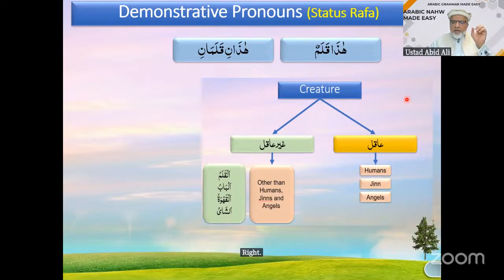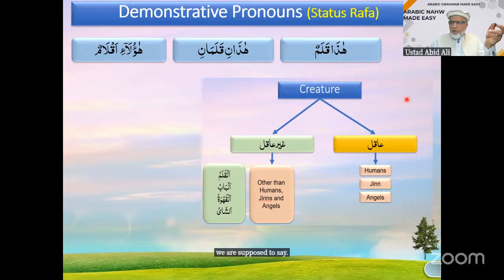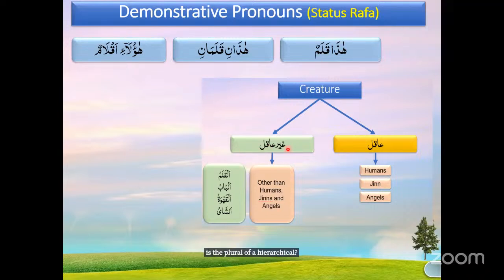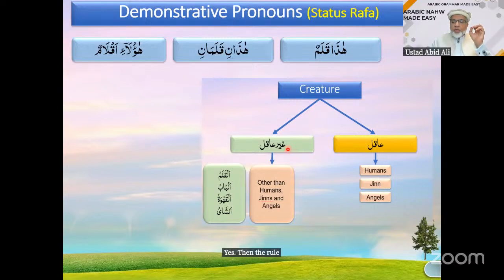But if we are supposed to do the plural, we would say haulai aklamun. Remember, we said haulai tulabun in the previous example, that they are all male students. But over here, we said haulai aklamun. Now, is the word aklam the plural of a ghair aqil? Yes. Then the rule is we are supposed to use a feminine singular ishara.